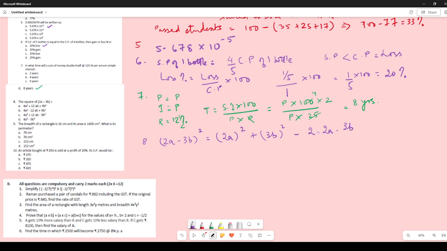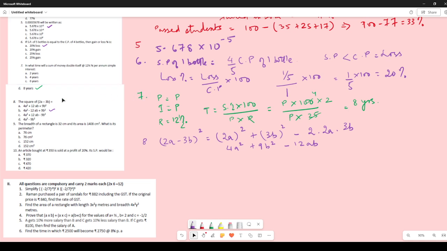So what does it become in all? It becomes 4a square plus 9b square minus 12ab. Option B will be your correct option, right?